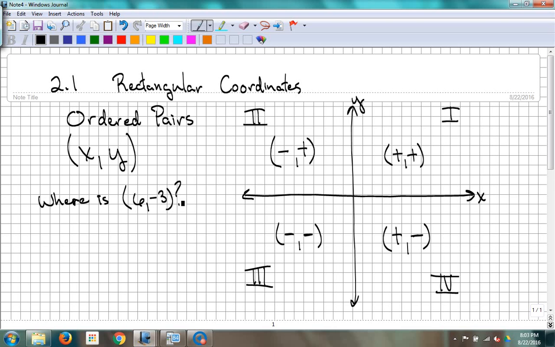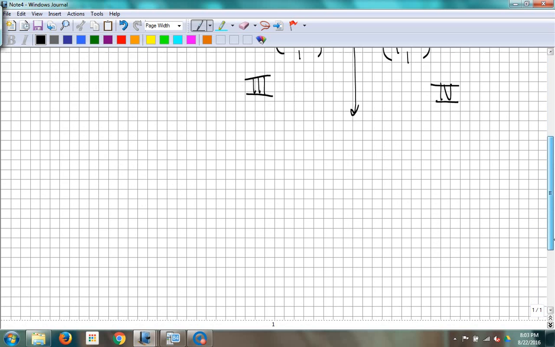Well, the x value is positive, the y value is negative, so I know it's in quadrant 4, because of the signs on it. So you wouldn't have to plot that point and then decide. You could look at just the signs and know that. So that's the hope, that you would understand that that's what's going on. Okay? So let's look at some points and practice plotting them on a coordinate plane.